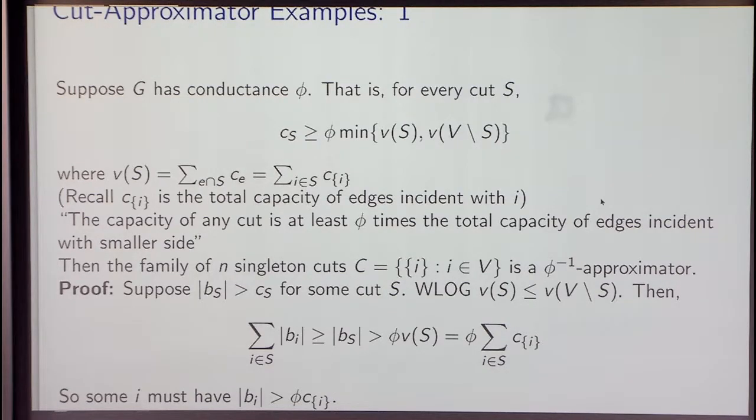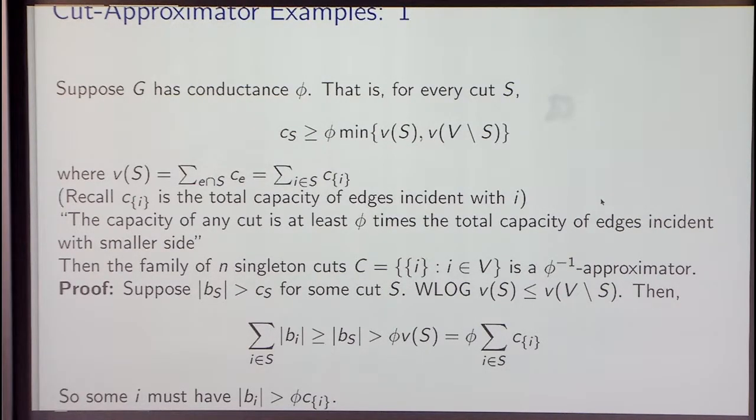Okay, well then, if I look at the sum of the absolute values of the demands, that's certainly bigger than the absolute value of the sum of the demands, which is bigger than C_S by assumption, which is bigger than phi V_S, which is phi times the sum over C_i.